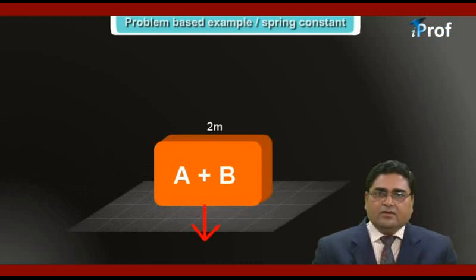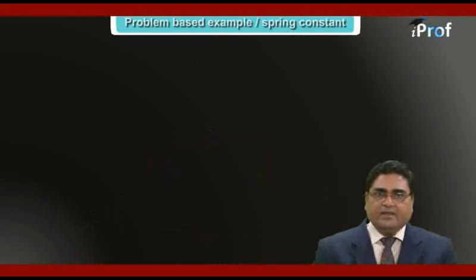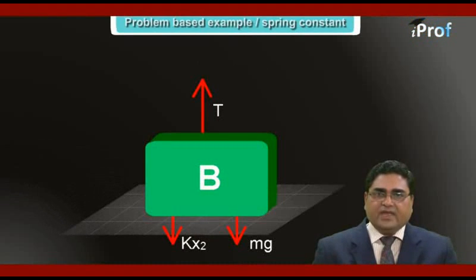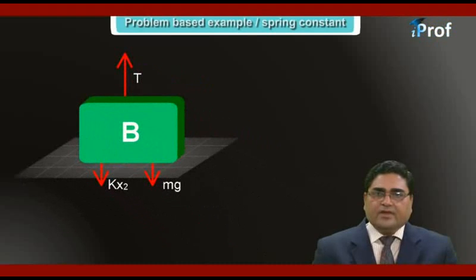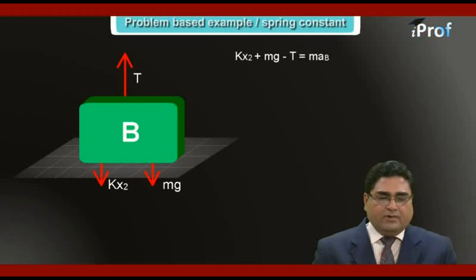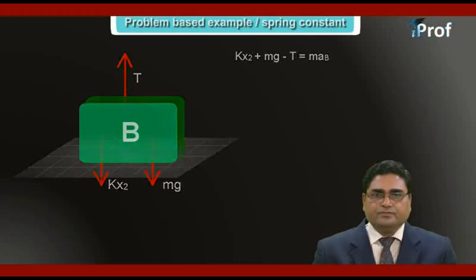Now, for the free body diagram of block A, we get T plus mg equal to m into aA. And for block B, we can write Kx2 plus mg minus T equal to m aB. After solving these equations, we find the acceleration of A and B to be equal to 3g by 2.